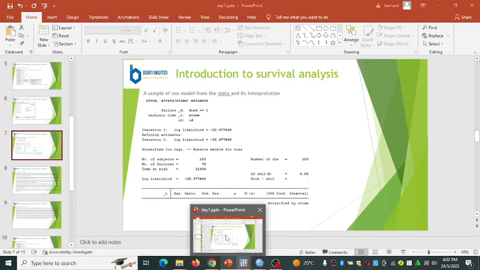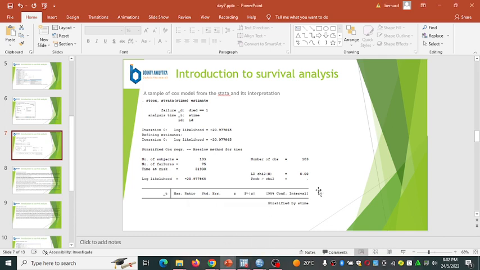It's the same as mine. Oh yeah, the same. So let's try now to explain this output that we can see here. These figures, the number of observations, the chi-squares, the log likelihood ratios. Yeah, those things.